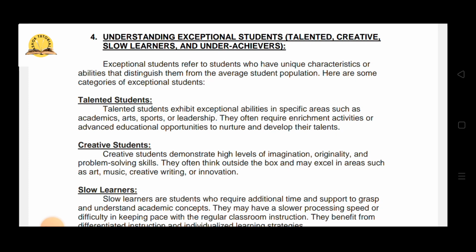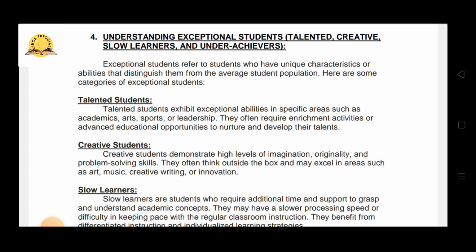Suppose that particular student is very good at playing guitar, or at singing, then there might be another student who is very good at sports, playing football and cricket, or some student who is very good at leading their friends or leading the school assemblies, for example.